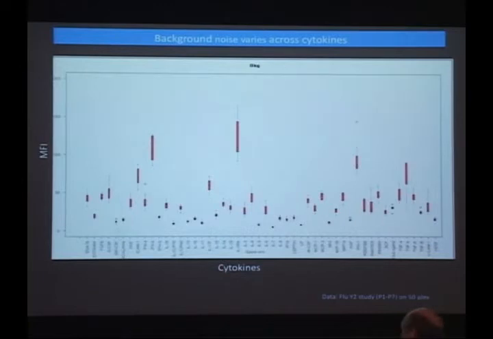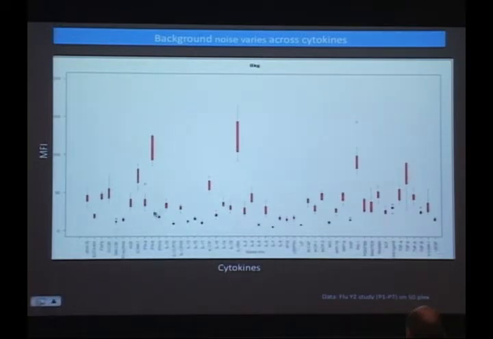Now, moving on: for these high throughput assays, or any kind of assays, we try to estimate how much background noise there is. On the x-axis are all the cytokines. The Luminex system that we have right now is a 51-plex, which means you can measure 51 cytokines simultaneously.